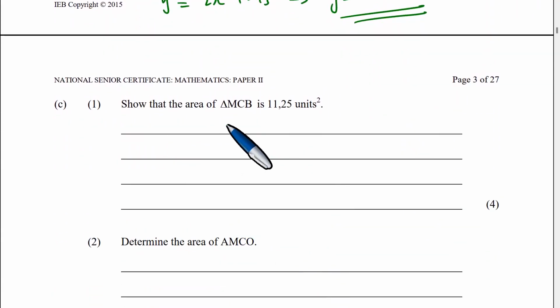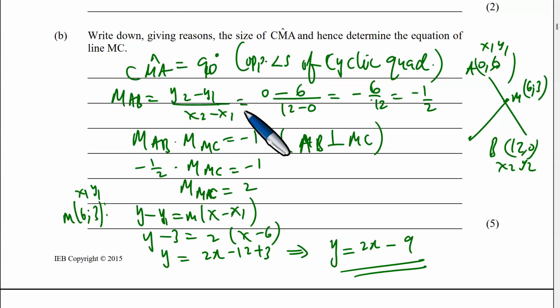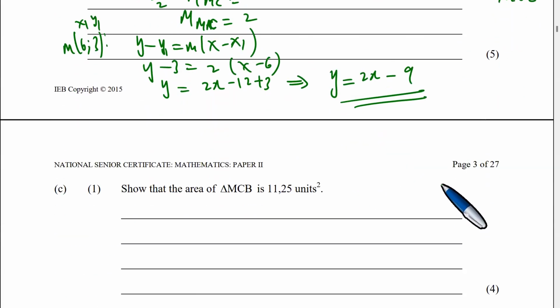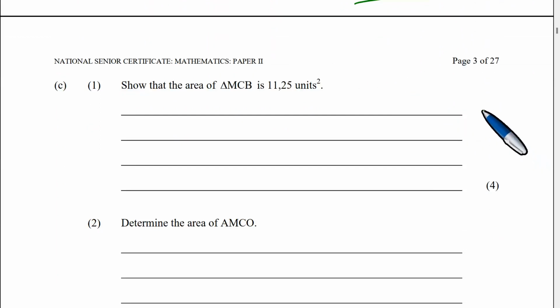Now, show that the area of triangle MCB is that one. To find the area of triangle MCB, you would be interested in knowing exactly what the intercept on the x-axis is.